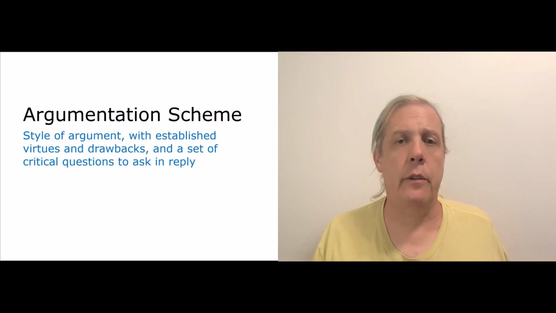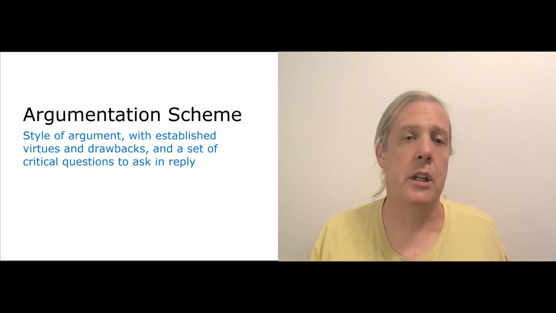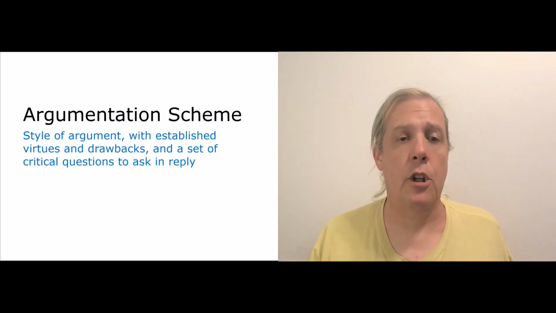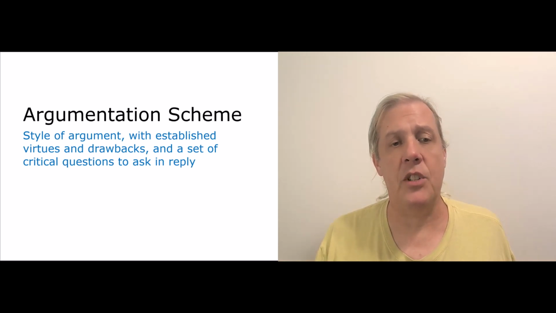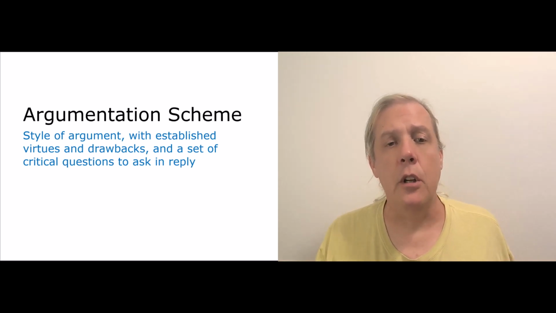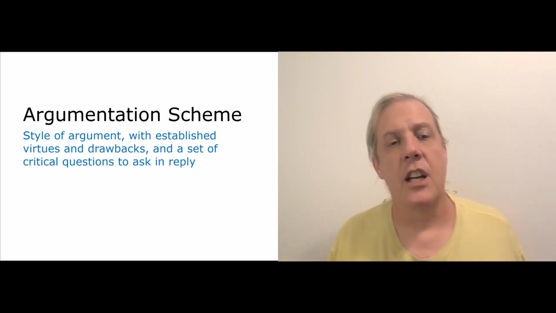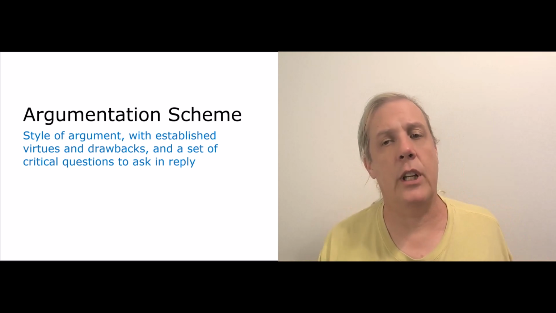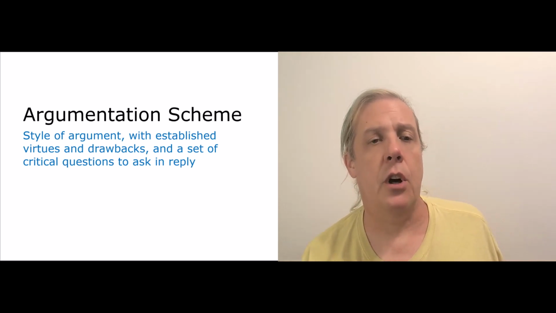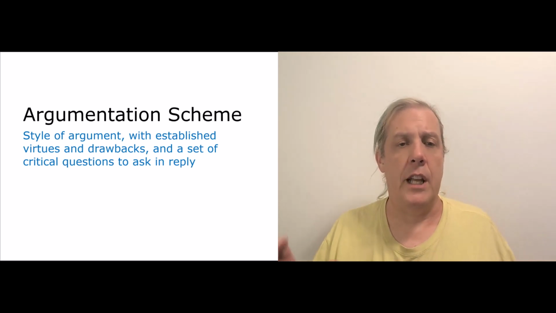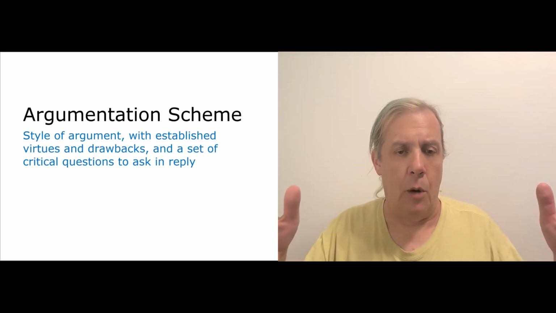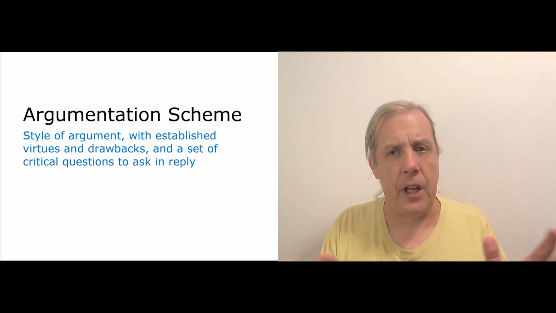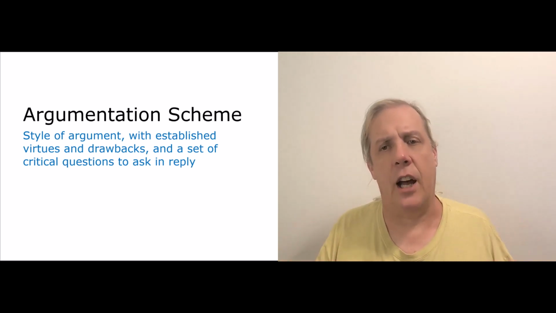Okay, in the previous part of the video, we looked at the argumentation scheme for argument by analogy. And remember, the argumentation scheme is a style of argument that has established virtues and drawbacks and a set of critical questions that we can ask and reply to. So we take the standard form of an argument and then we make it more specific for a kind of style of argument.